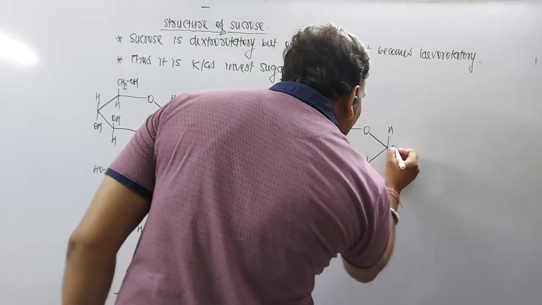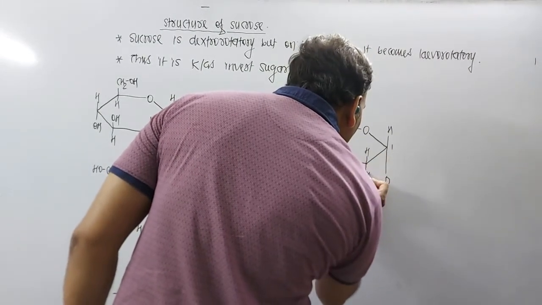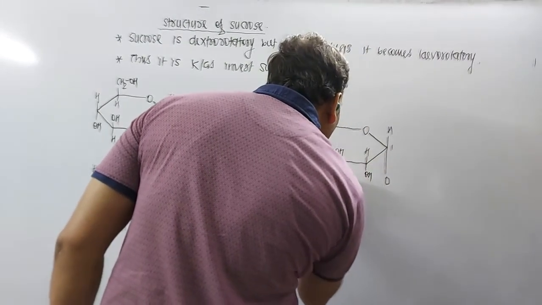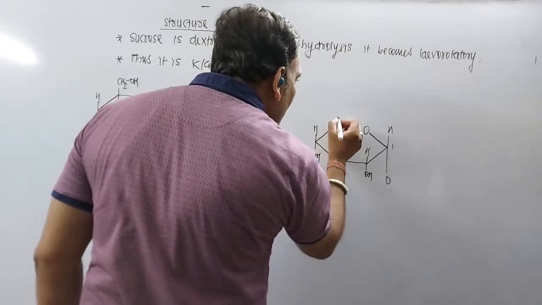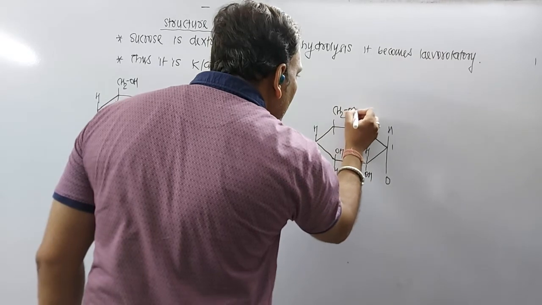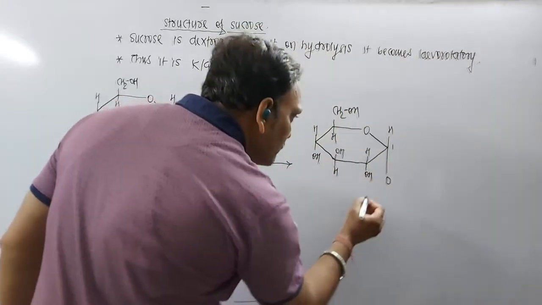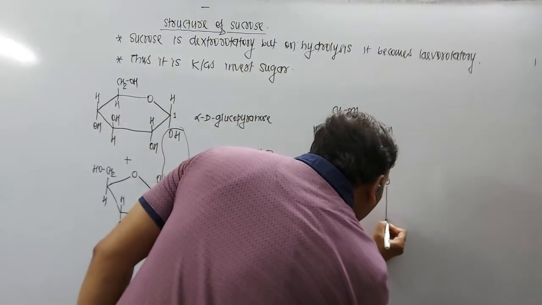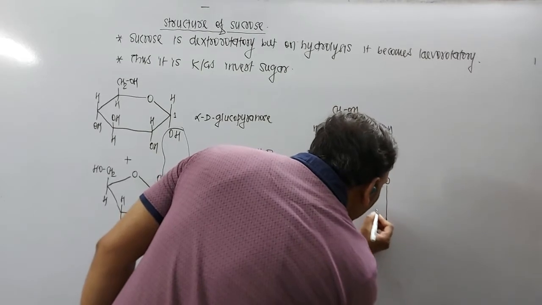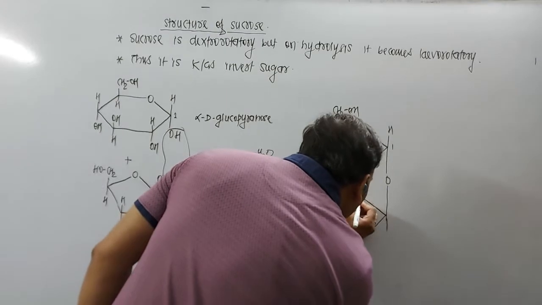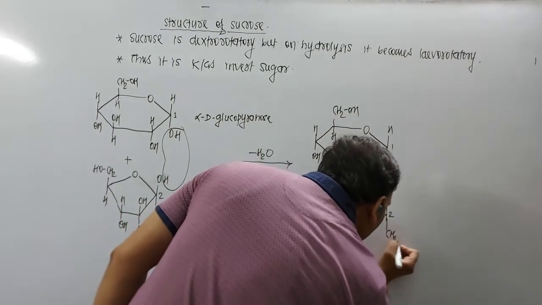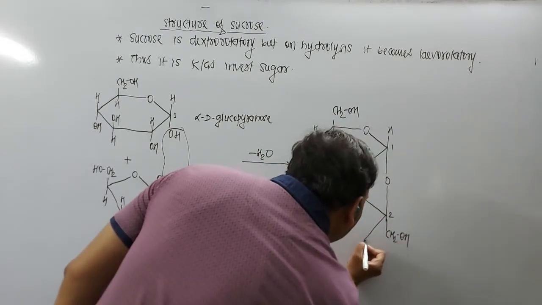So remember, whatever we are getting now is the cyclic structure of sucrose. Now this is first, this is second, this is third, this is carbon number 4th, this is carbon number 5th. So now this has been connected to the carbon number 2nd. This is the second carbon, CH2OH.